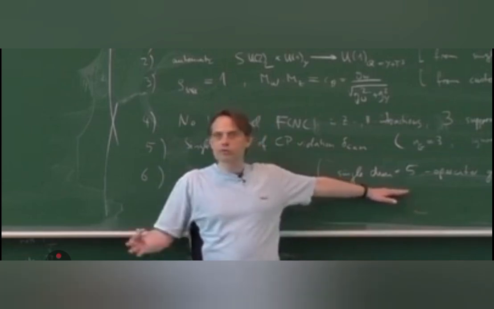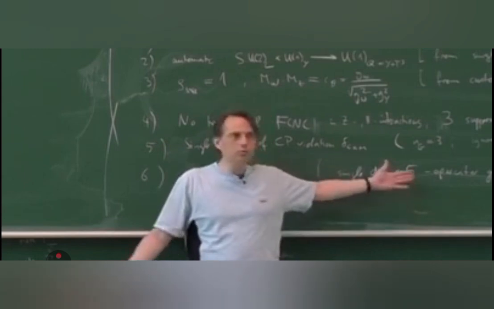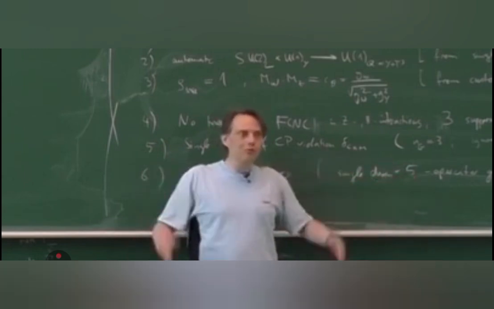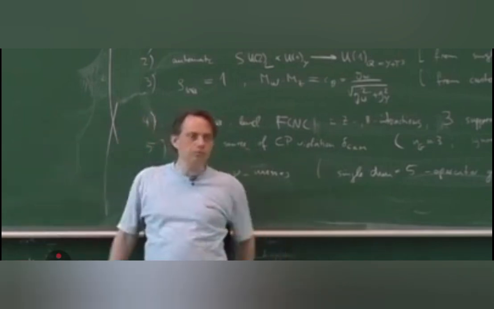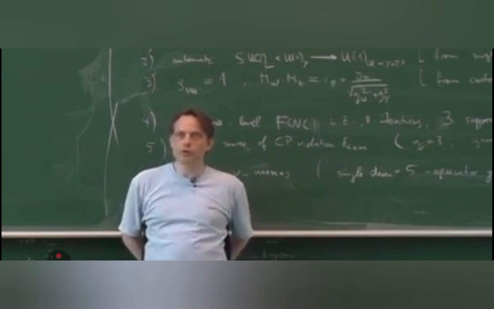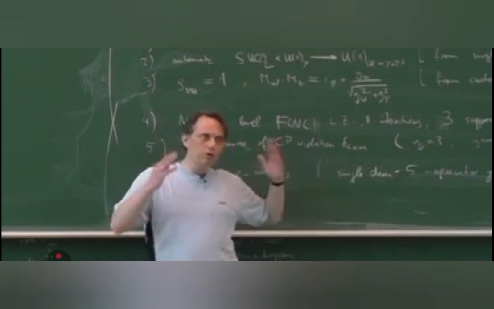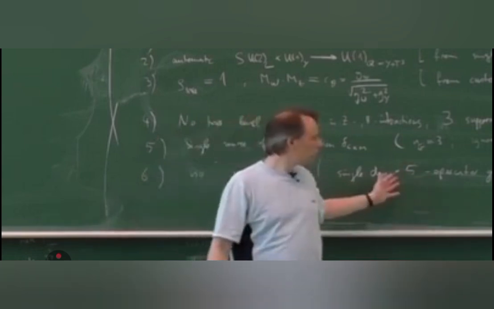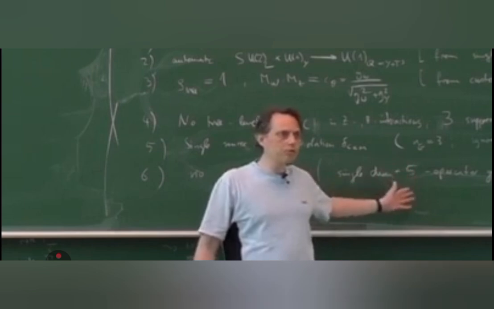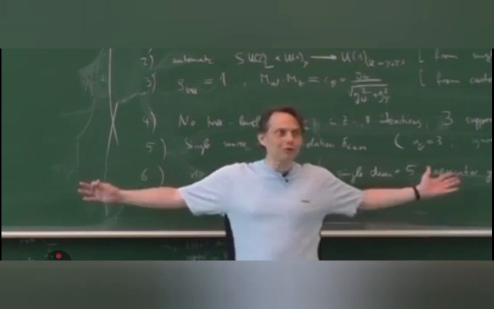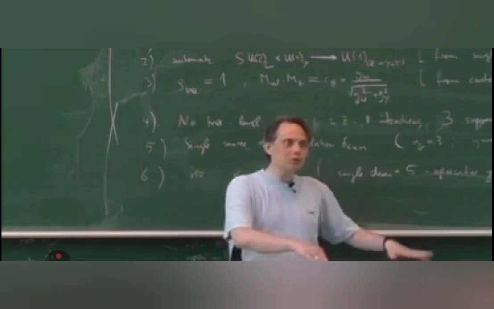And there is just one single dimension 5 operator which is gauge invariant, and that is the one giving neutrino masses. And so it is very natural to think that actually some unknown, but nevertheless some non-vanishing interactions from heavy particles are responsible for generating the neutrino masses, and then you would quite naturally understand why the neutrino masses are very small, because they involve this 1 over mass suppression, and also why you do not see any other deviations from the standard model, because all other deviations would be suppressed by an additional power of a heavy mass.